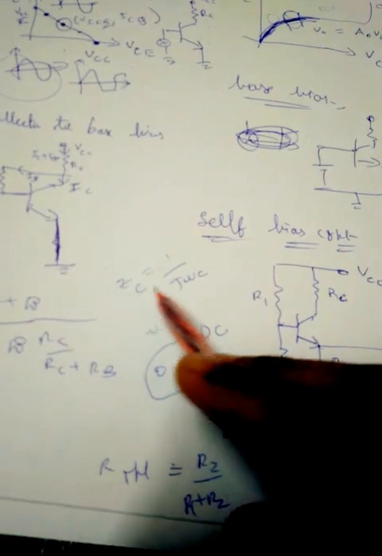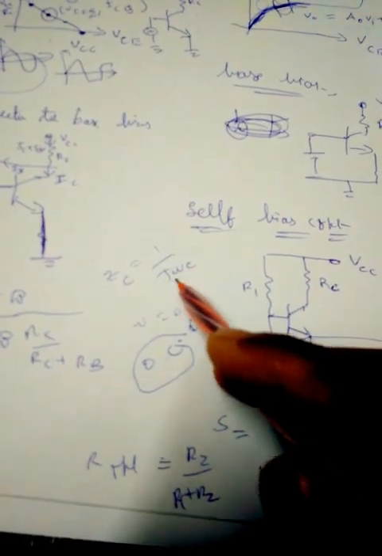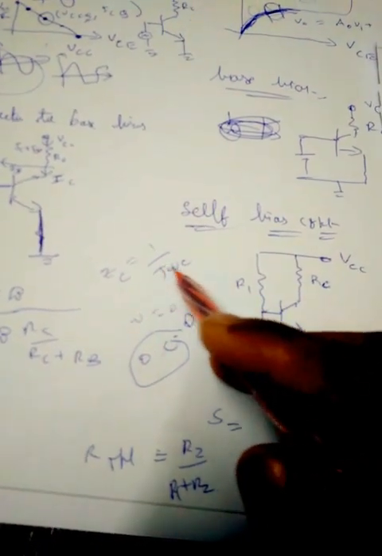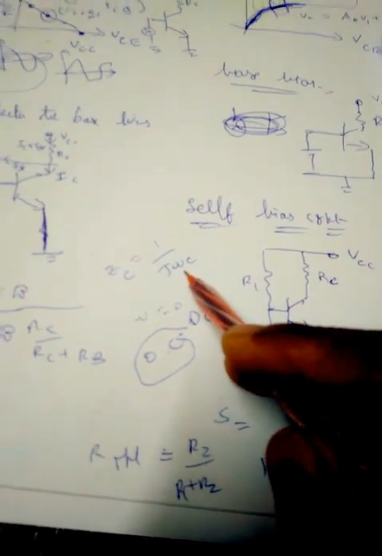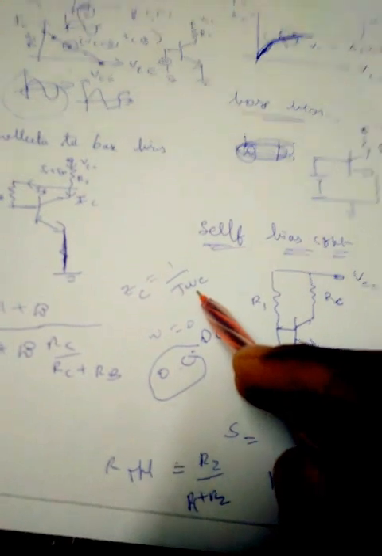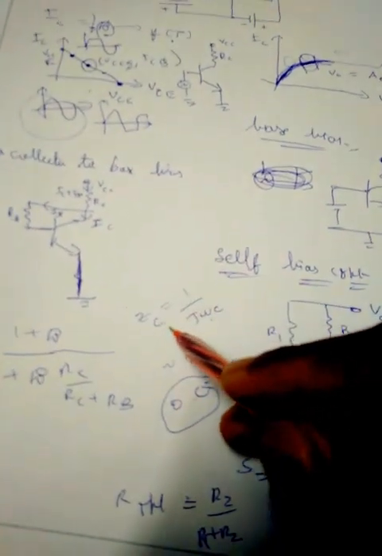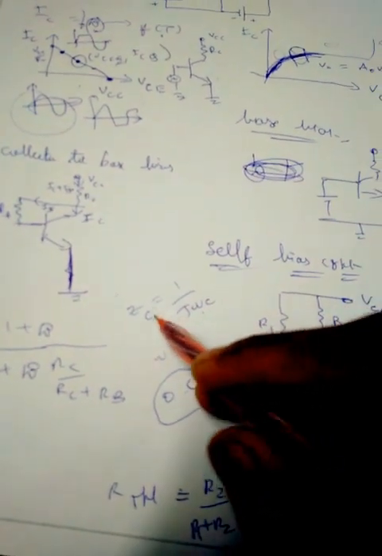So after connecting this, let's see how it is reflected when an AC signal is applied. When an AC signal is applied, the impedance of the capacitor will be Z equal to 1 by j omega C. Due to the presence of omega not equal to 0 but greater than 0, being the frequency, the impedance will be far less.